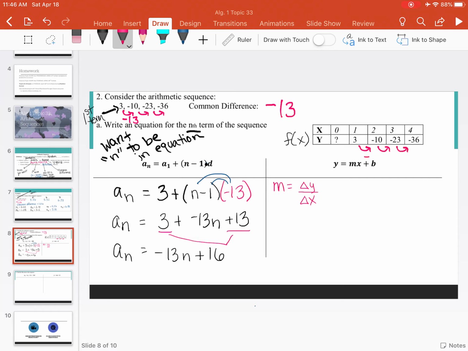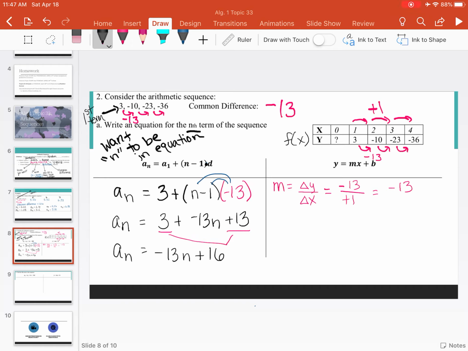Well, here we're subtracting 13 every single time. So our change in y is minus 13. Now change in x, what are we jumping by on the x side? Here we're adding 1. So if we simplify it, our slope is negative 13, which actually happens to be what the common difference is. So here is where it will match up, but I just wanted to prove that it will be the same.